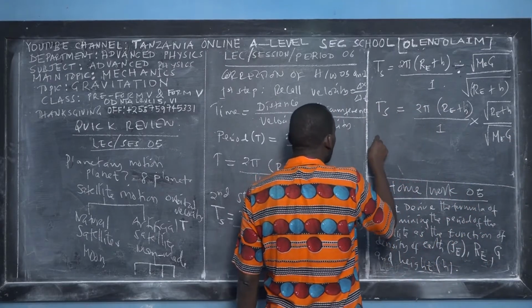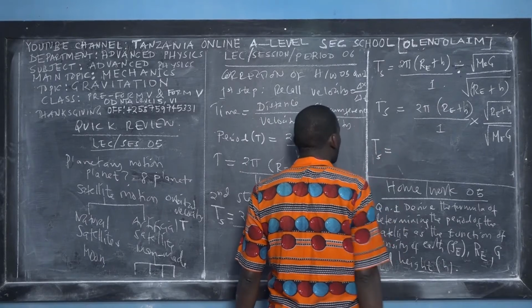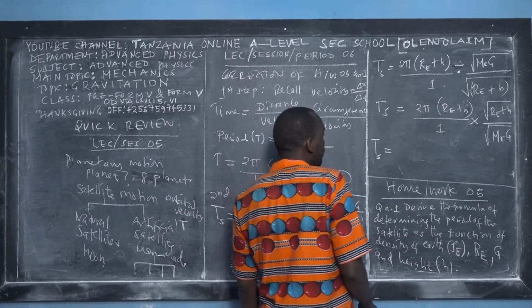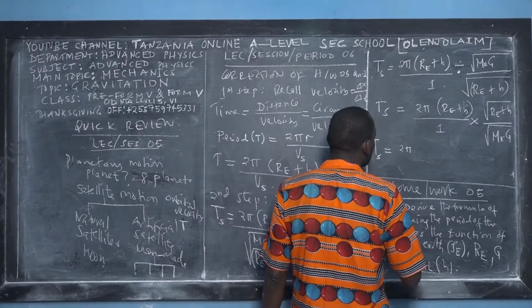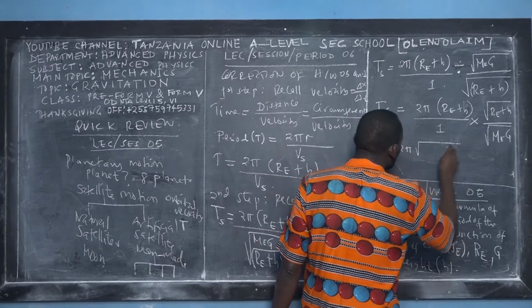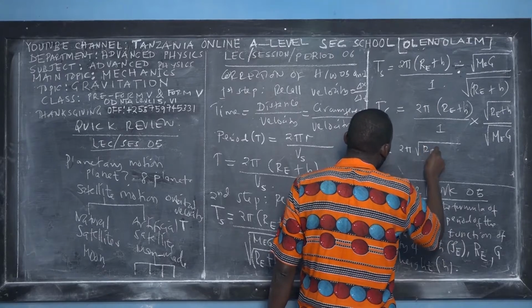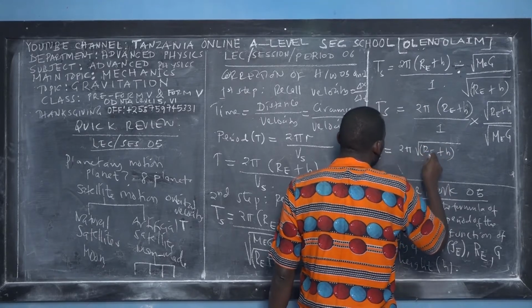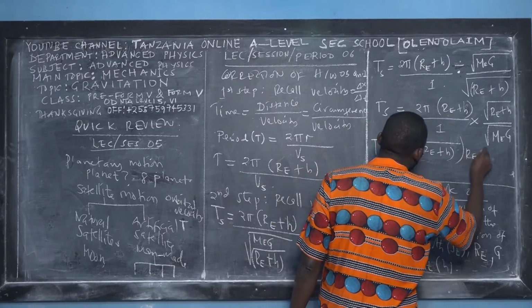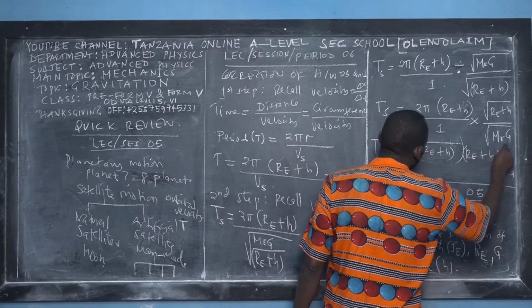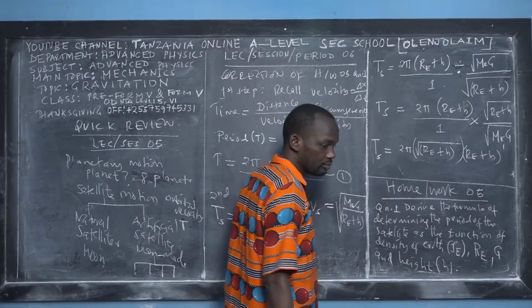So then the period of the satellite will be twice pi, and then the square root of the radius of the S plus the height h, and then we multiply by this expression, which is the radius of the S plus the height of the S to the power 1.